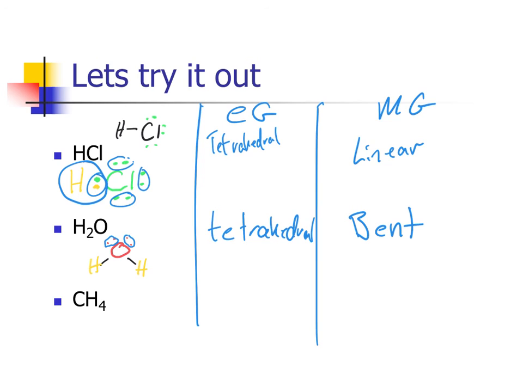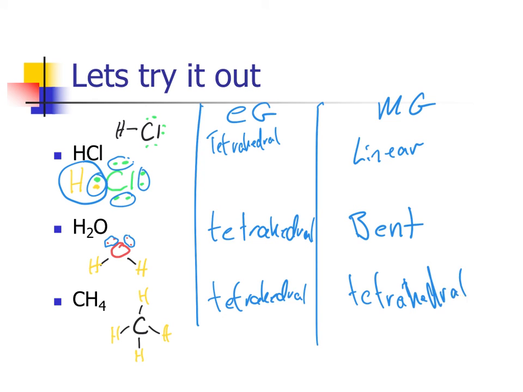And for the last one, because we've already drawn it out before, methane has 4 regions, all of which are bonding, and therefore is tetrahedral.